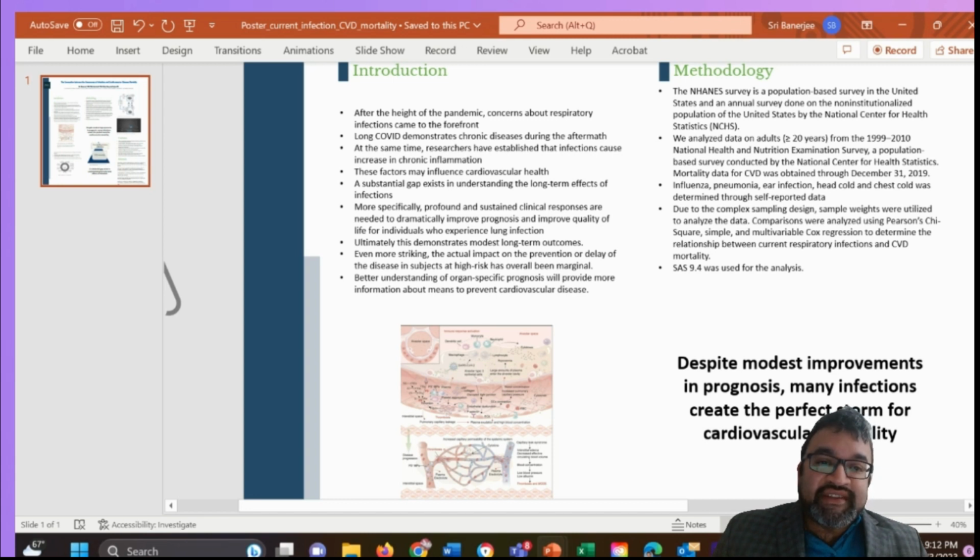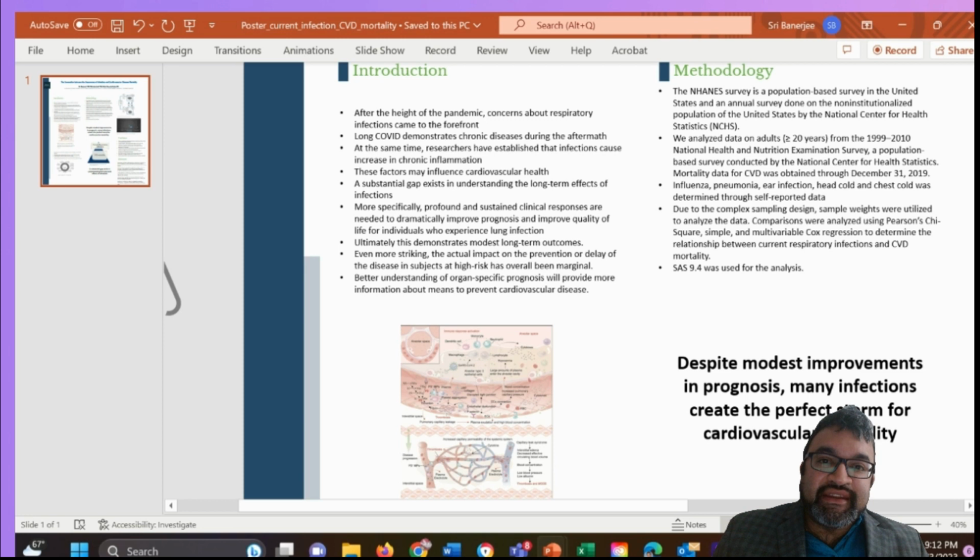Transitioning into the methodology, this was a study looking at infections, past and current, at the time of the initial questionnaire, and then following these people up for 10 years, until December 31st of 2019.